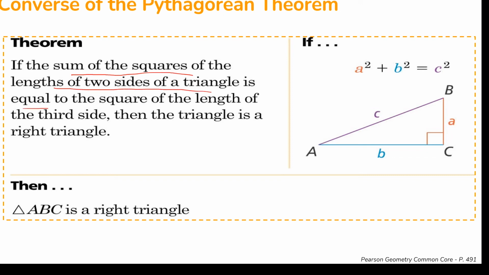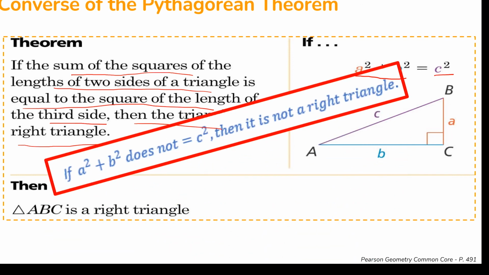So basically, if you take your two shorter sides, which are your legs, A and B, and plug them into the Pythagorean theorem, if it is equal to that third side squared, which is your longest side, then it is a right triangle. But if it is not, so if A squared plus B squared does not equal C squared, then it is not a right triangle. All right, so I'm going to complete one problem and you're going to try one on your own.